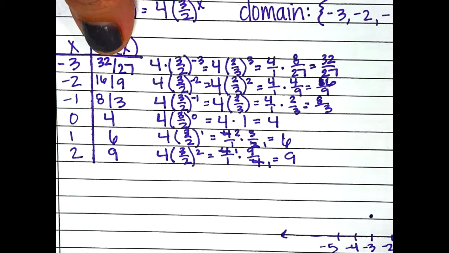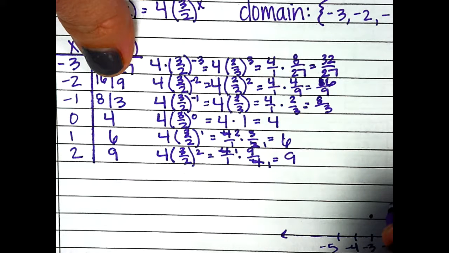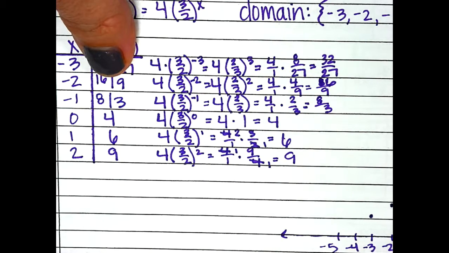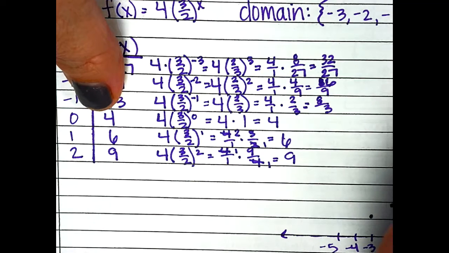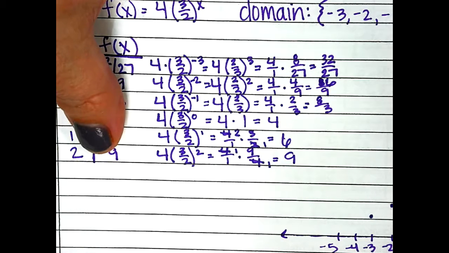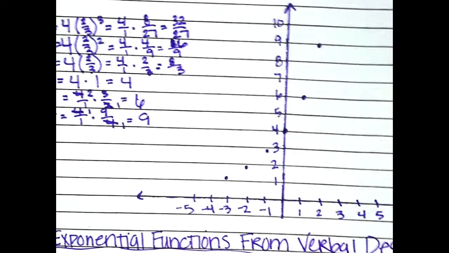So I'm going to put that just barely over the 1. 16/9 is just less than 2, so we're going to do -2 and just less than 2. 8/3 is almost 3, so -1, almost 3. And then 0, 4, 1, 6, and 2, 9. Okay, now, oh gosh, I'm so sorry.